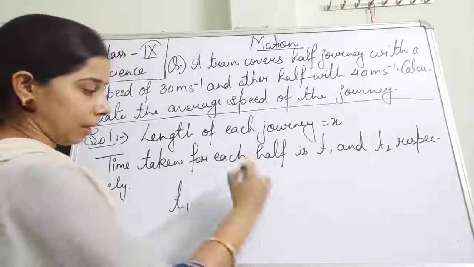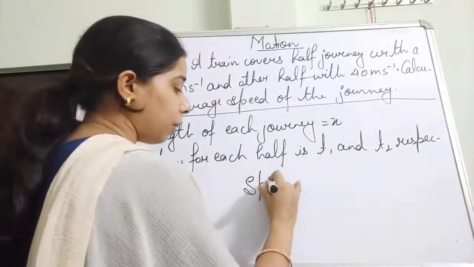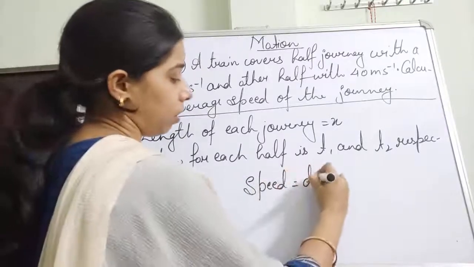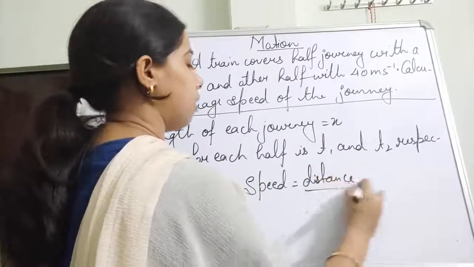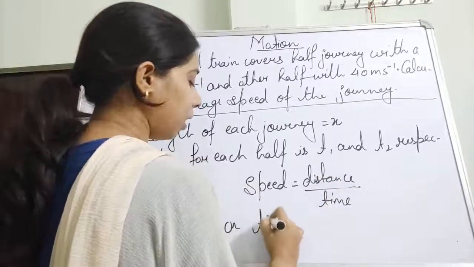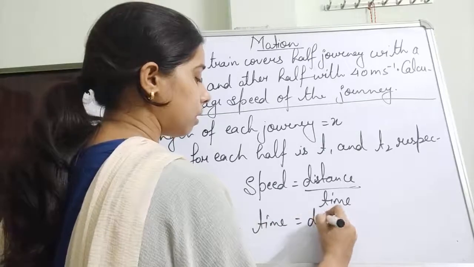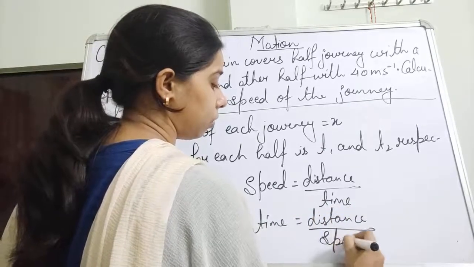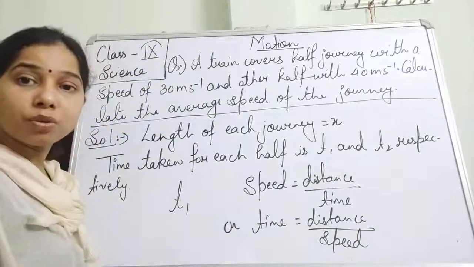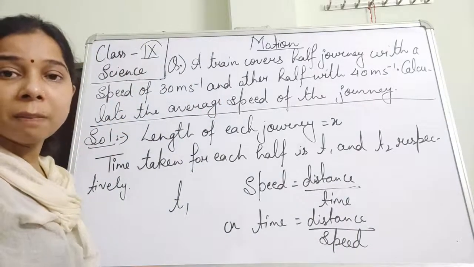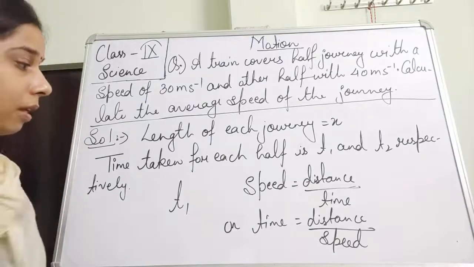So we know, students, that speed is equal to distance upon time, or we can write it simply as time is equal to distance upon speed.